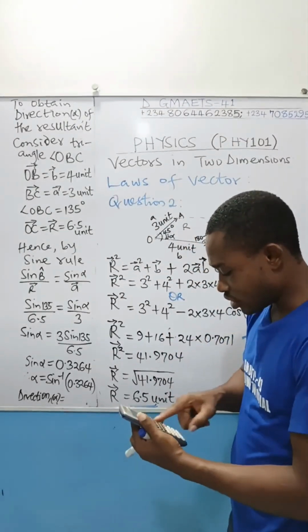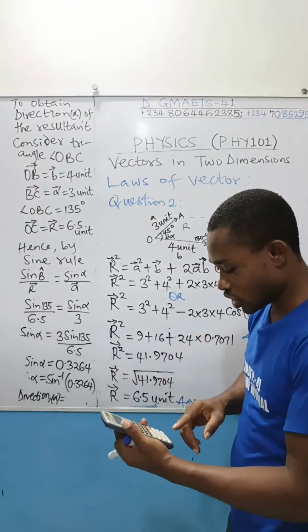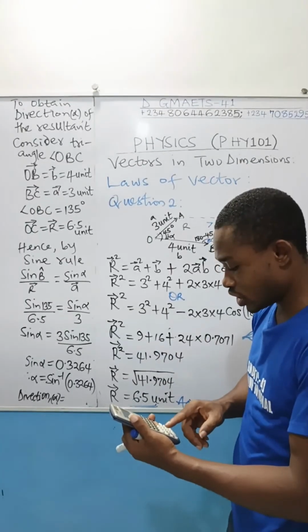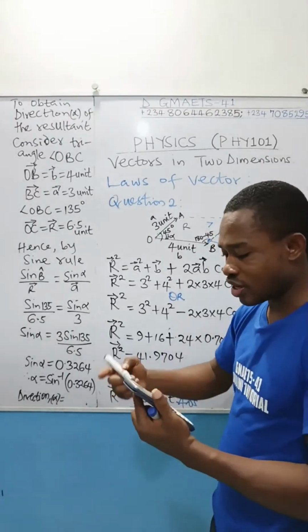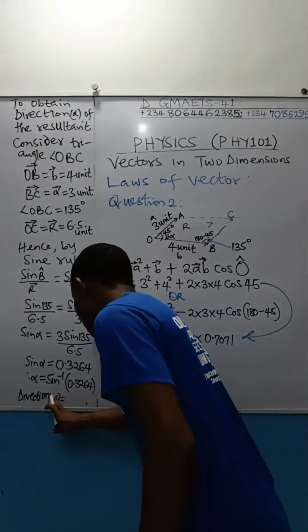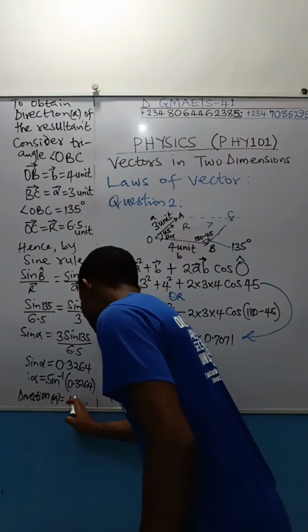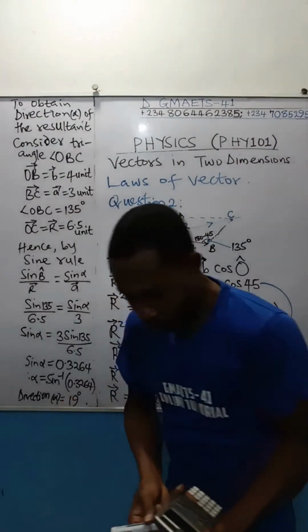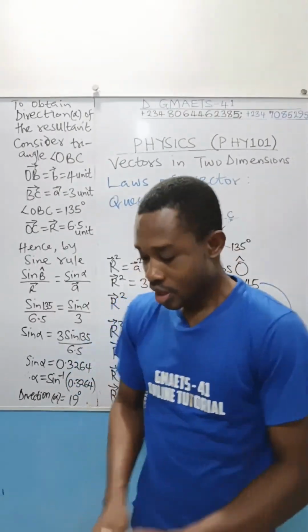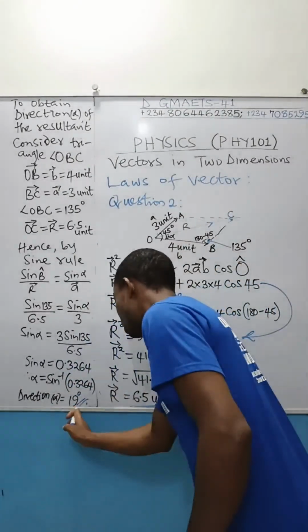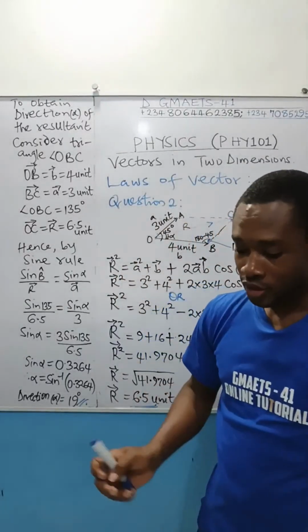Shift sine, sine inverse of 0.3264 gave 19.05 degrees, which is approximately 19 degrees. And that is the direction of the resultant.